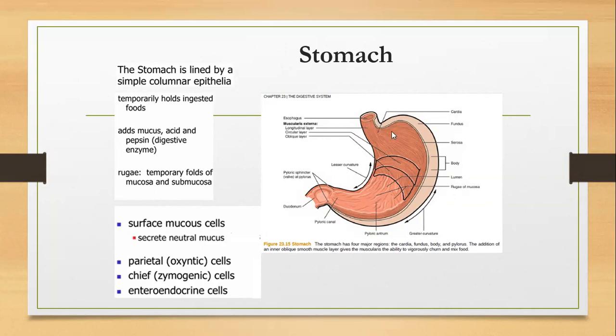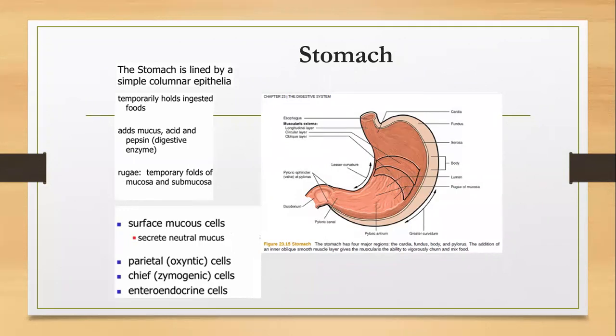If I peel off the longitudinal muscle in this area here, you're going to see the circular muscles. Now, one of the unique things about the stomach as compared to other parts of the body is when you peel off the circular layer, you find a third layer of muscles, and these are called the oblique layer. So the stomach is the only organ that has 3 layers of muscles.